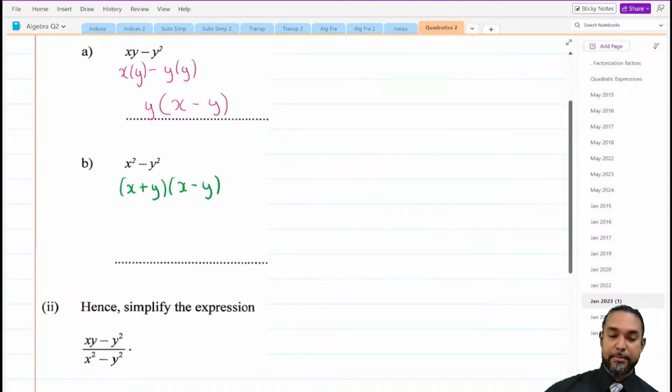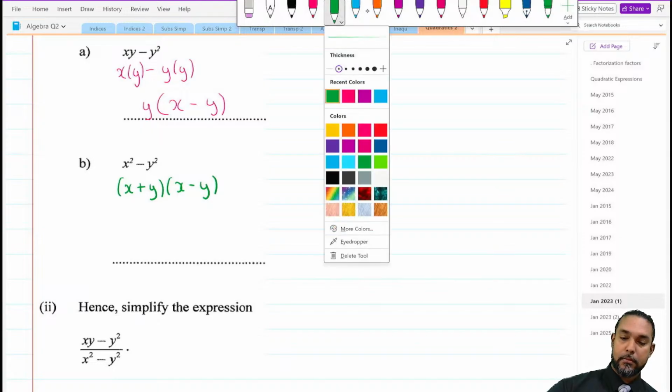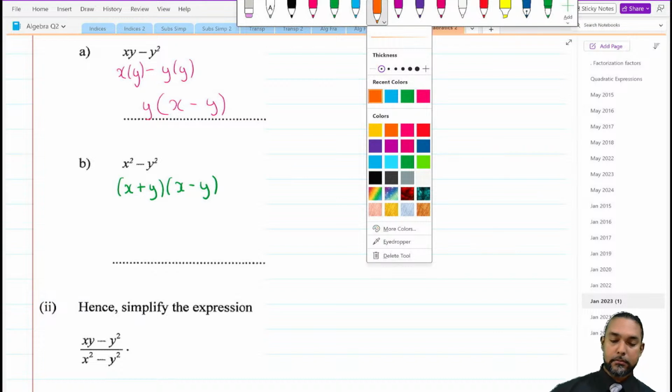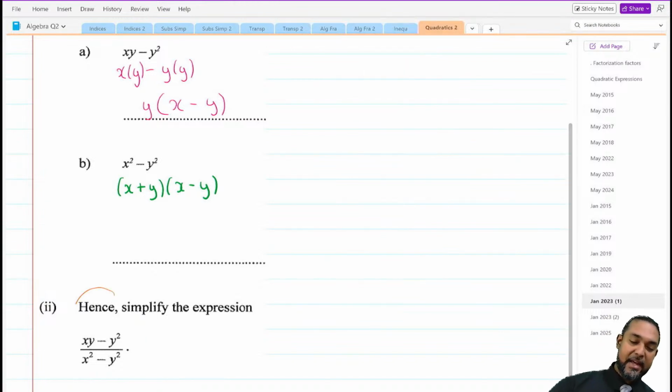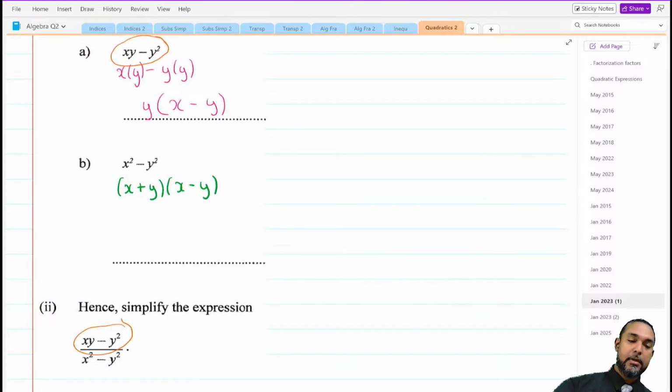So now check this. When they ask us to simplify this expression down here, now, when they say hence, usually that's a clue. It means they want you to use what you got in the previous parts of the question. So if this numerator here is the same as this term, they probably want us to use the factored form.